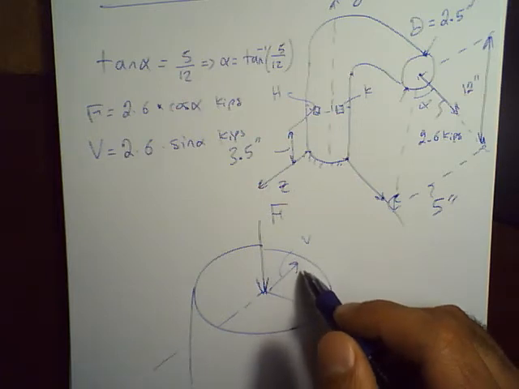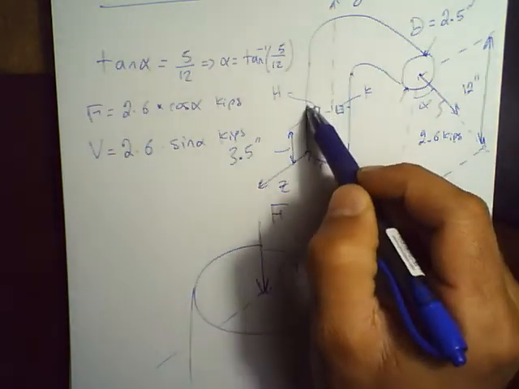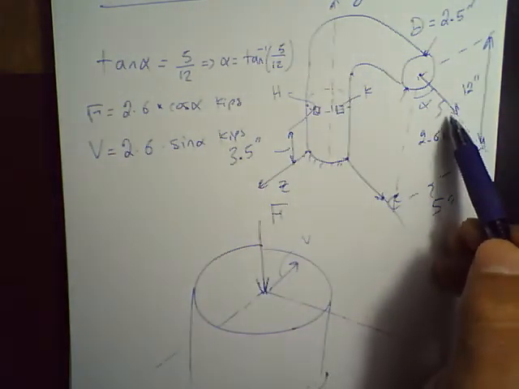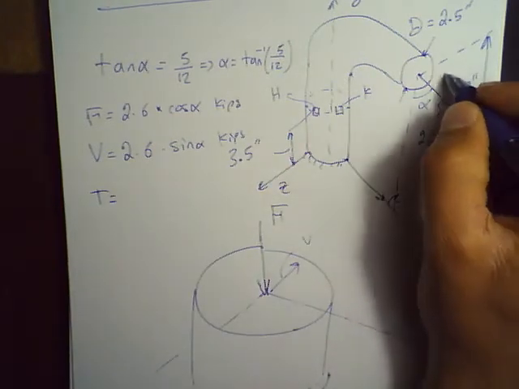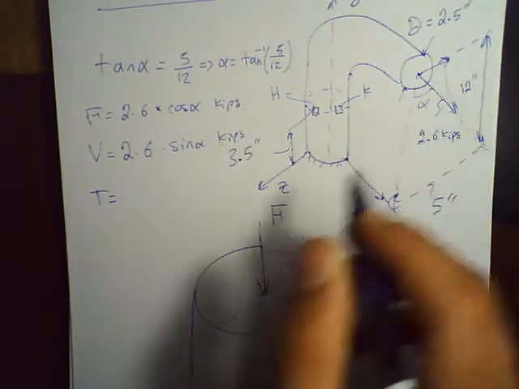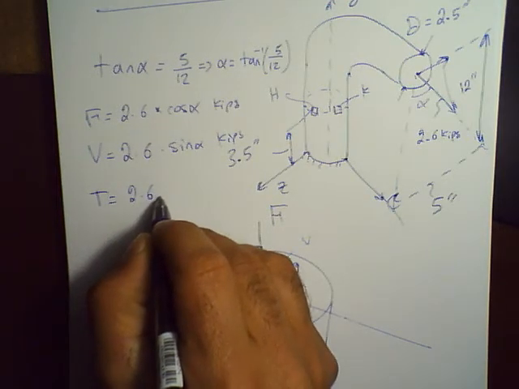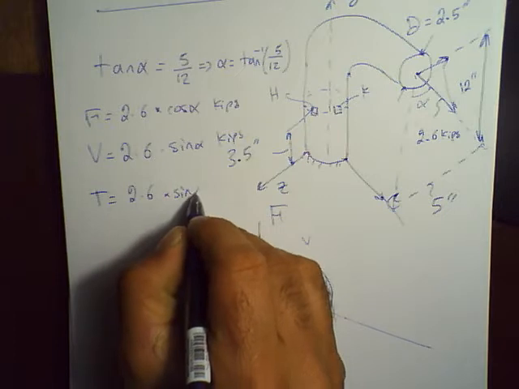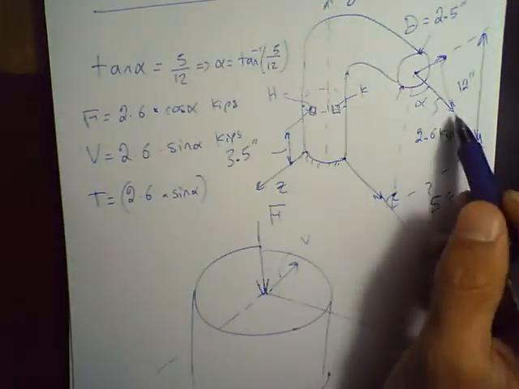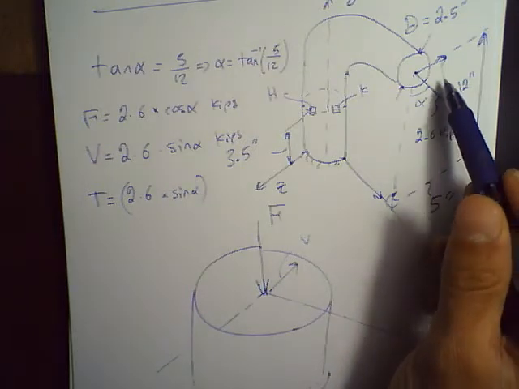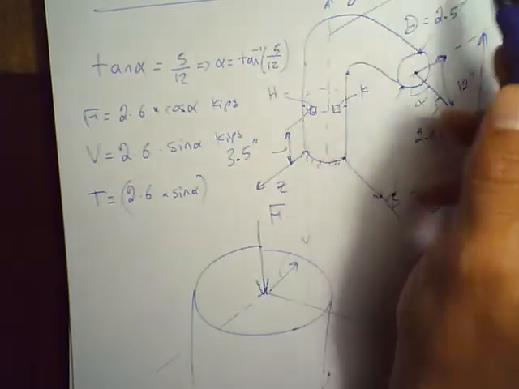What remains is we should look if that force is creating any torque on this cross section, and indeed it does. So the torque is going to be equal to what? To this component of the force, which is equal to 2.6 times sine alpha, multiplied by this distance from here to here, right?